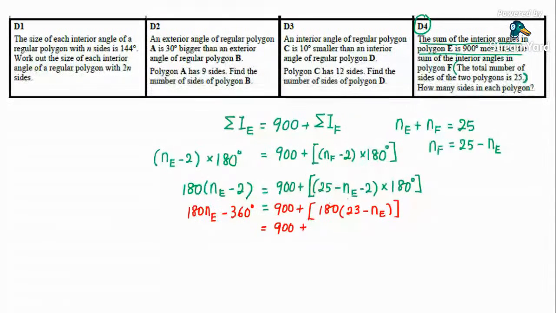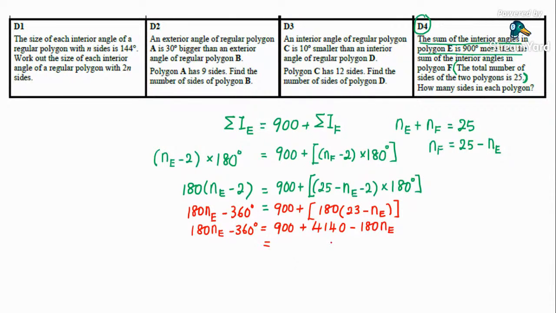And then this is 900 plus, and I will expand this. That will be 180 times 23, so it's 4140 here, and then minus 180 NE. Okay, so you can see I have an equation here which can be solved.